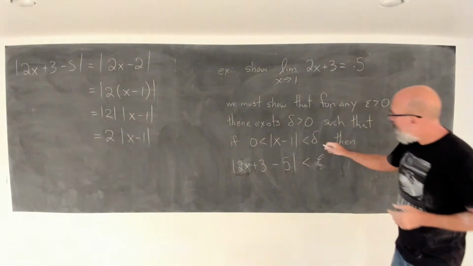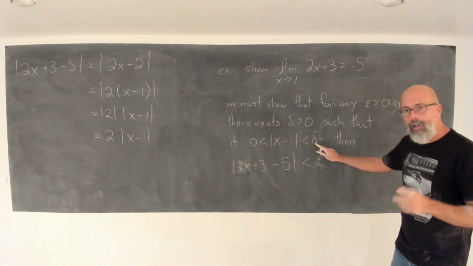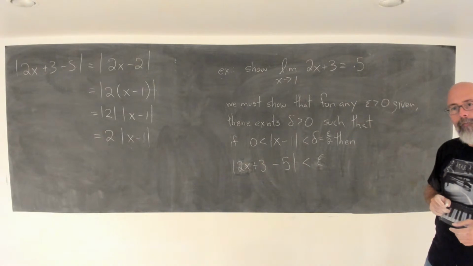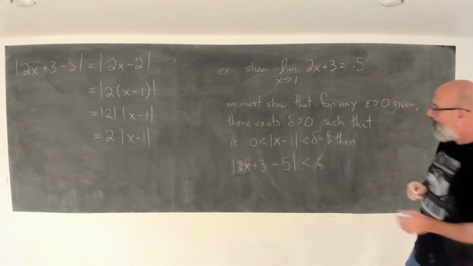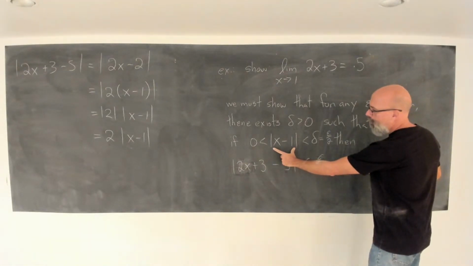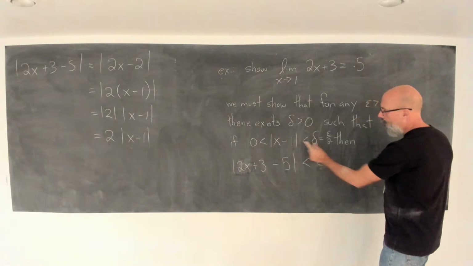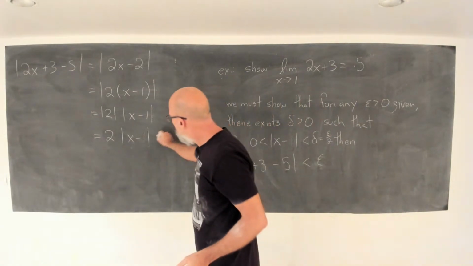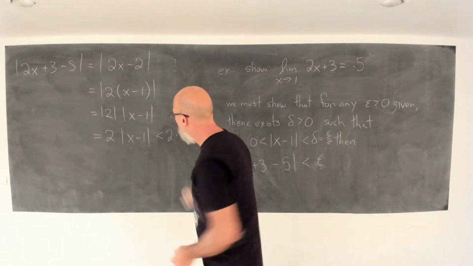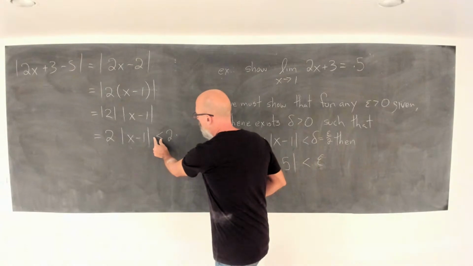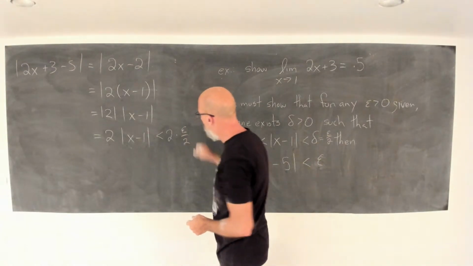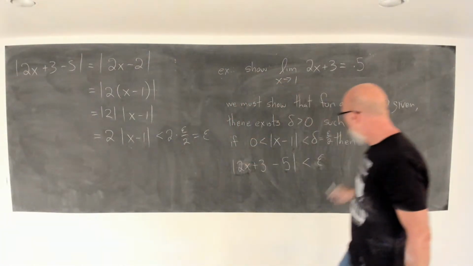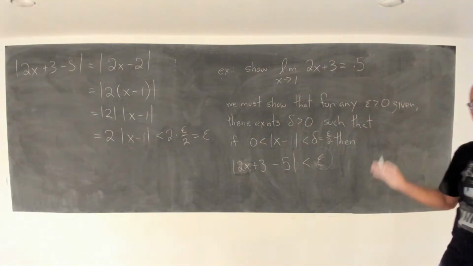So here you see that if you take delta to be epsilon over 2, right? If x minus 1 in absolute value is less than epsilon over 2, everything cancels out and you get the required epsilon.